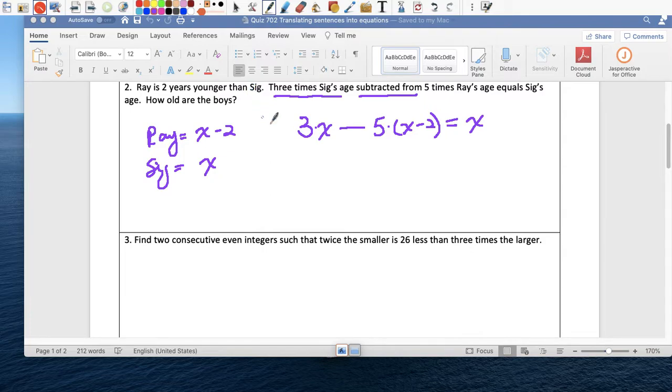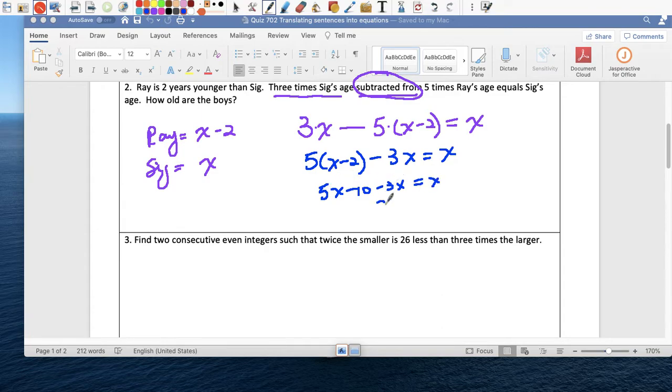That is your equation, but subtracted from is a turnaround, so this one would have been tricky: 5 times (x minus 2) minus 3x equals x. So we have to solve this. 5 times x is 5x, minus 10, minus 3x equals x. 5x minus 3x is 2x, minus 10 equals x.